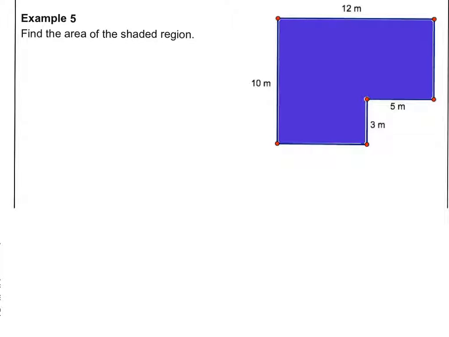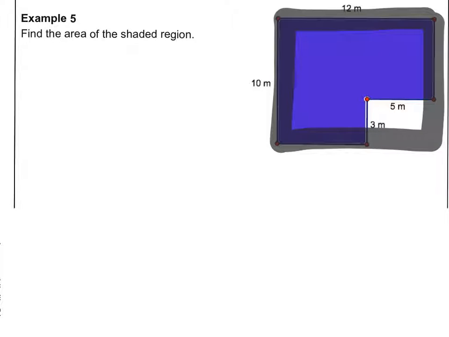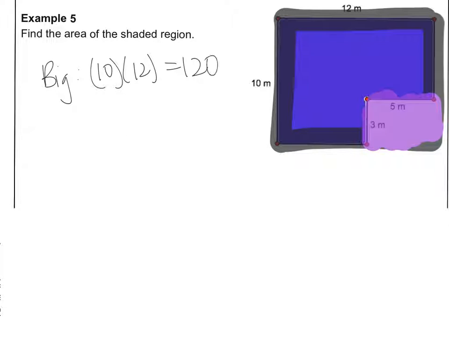In this problem, we want to find the area of the shaded region. There are lots of different ways to take a look at this. One way to look at it is to figure out the area of the entire piece and then subtract the area of the stuff that we don't want to include. So to find the area of the big rectangle, we take 10 times 12 for 120.